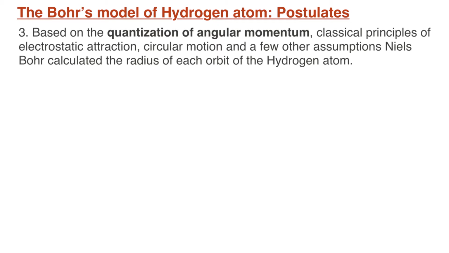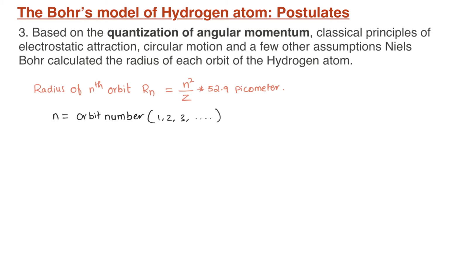According to Niels Bohr, the radius of the nth orbit of a hydrogen atom, Rn, is equal to n squared over Z times 52.9 picometers, where n is the orbit number, which can have values 1, 2, 3 and so on, and Z is the atomic number.